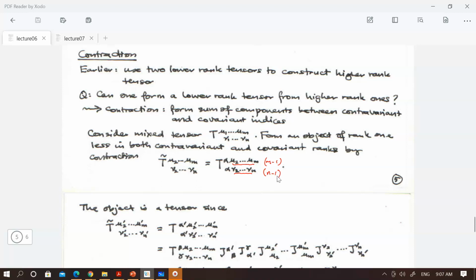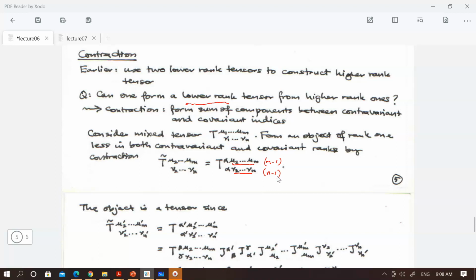With this summation of the first index on top and at the bottom, you get a tensor which has rank 1 less on top and rank 1 less at the bottom. So what you get is a tensor of lower rank, as we wanted.